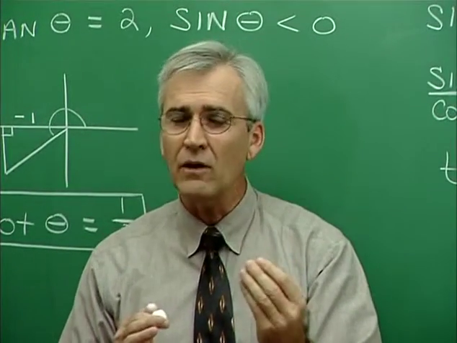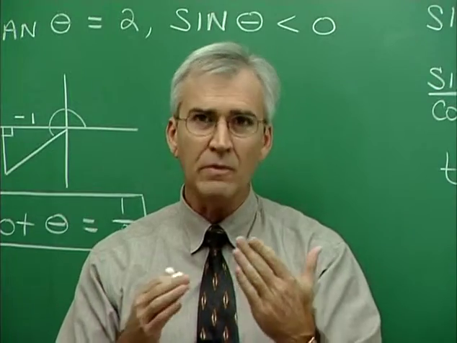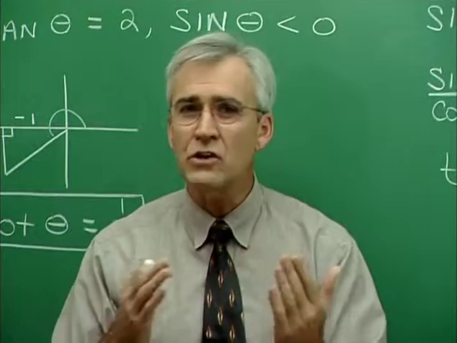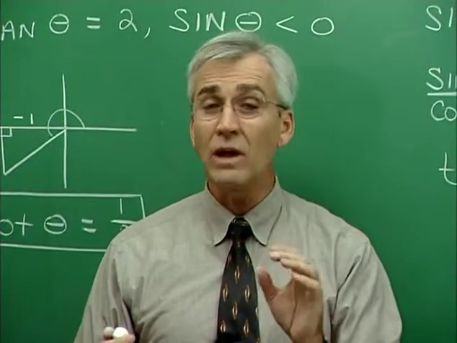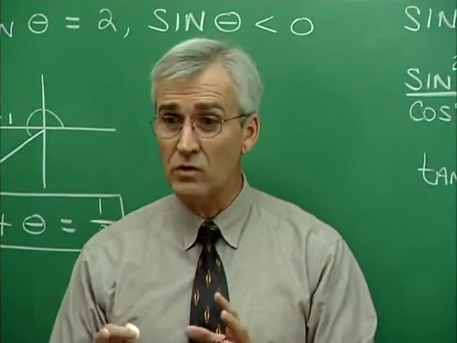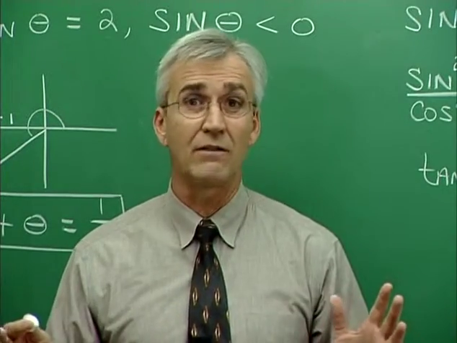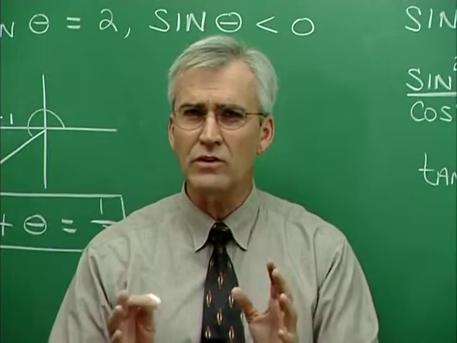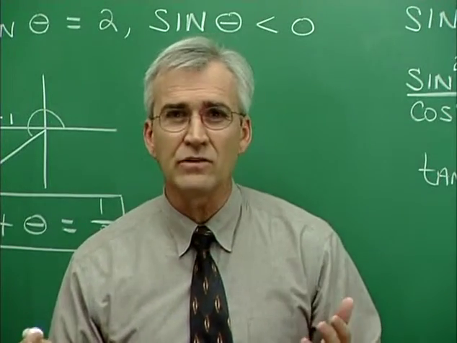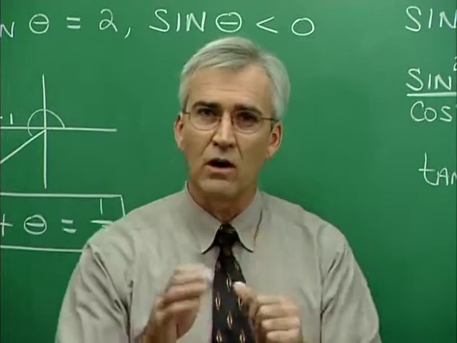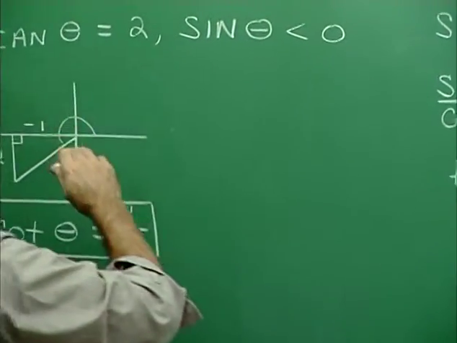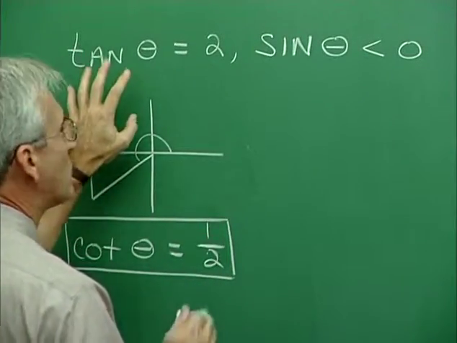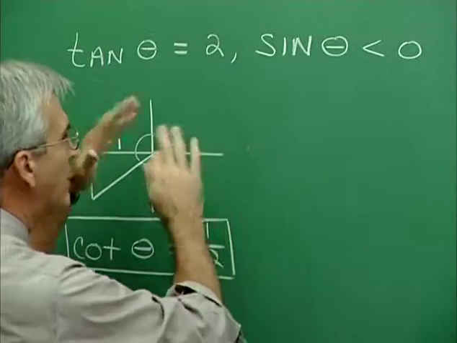Now, for the Pythagorean relationships, remember there are 2 trig functions related in each of the Pythagorean relationships. And the one that's easy to remember is sine squared plus cosine squared equals 1. That comes to mind perhaps rather quickly. The other 2 also involve 2 ratios, but they're not as easy to remember. Now, I can't recall the others, and I think one of them involved tangent with some other trig ratio, but I'm not sure which one.